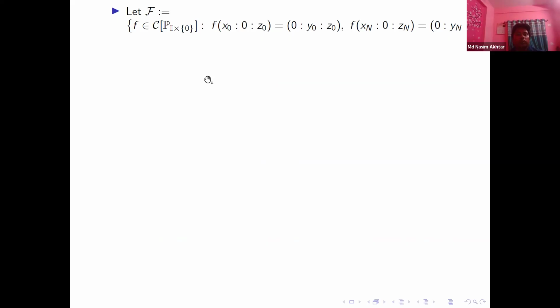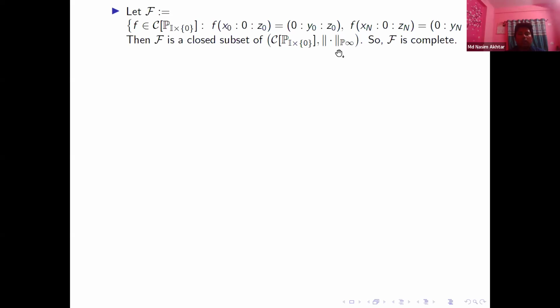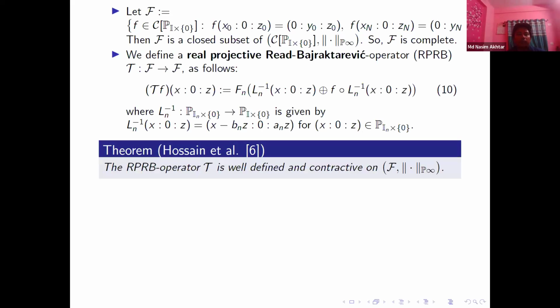For that, we consider F equal to the collection of all continuous functions on the projective interval that satisfy the endpoint condition. Then F is a closed subset of C(π cross 0) with the sup norm, and so it is complete.